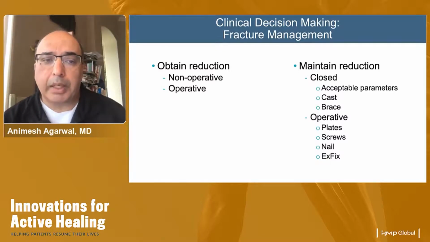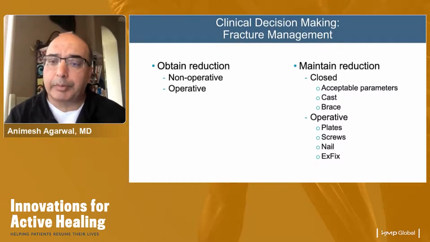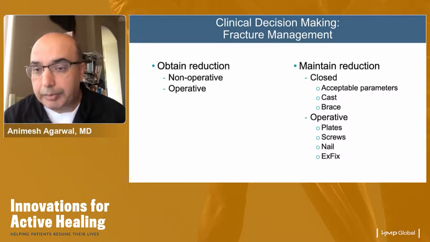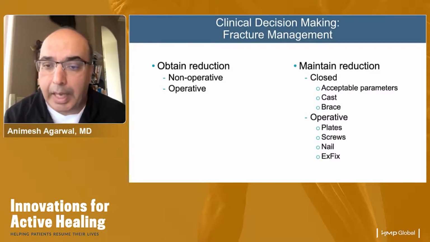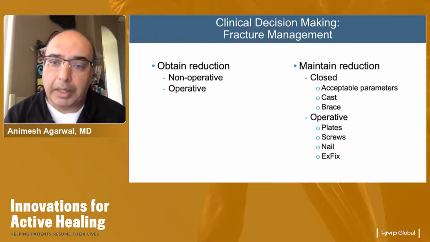So if we're planning on treating a fracture non-operatively, such as in the humerus or even in the tibia, we know we have acceptable parameters that we can accept, if you will, and that may be treated in a cast or a brace. And as long as those acceptable parameters are met, we can continue closed treatment.